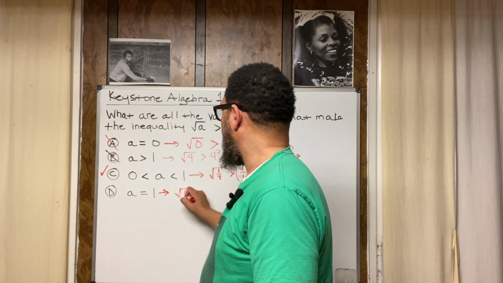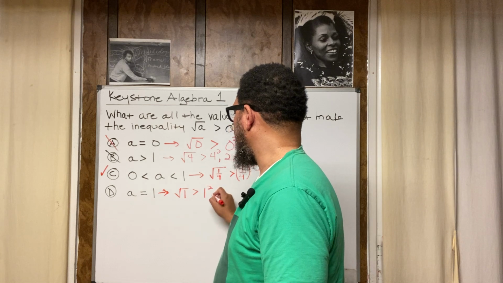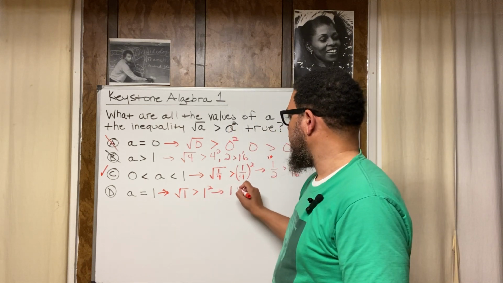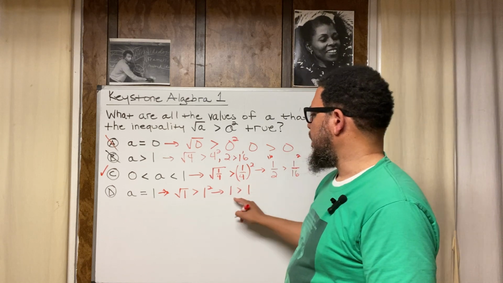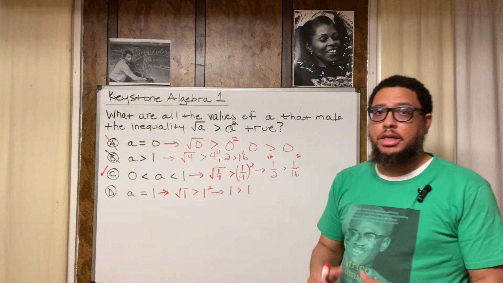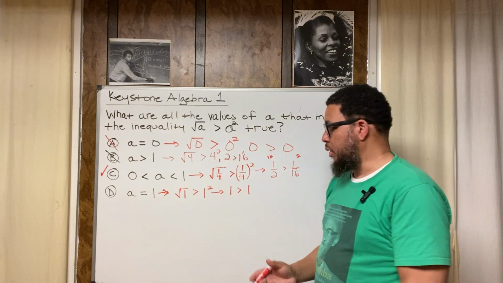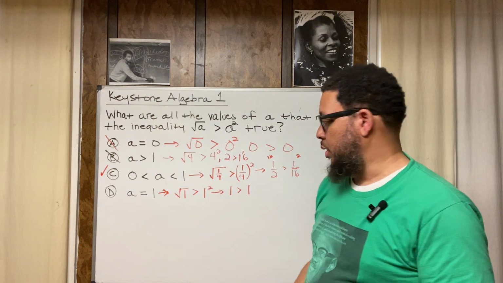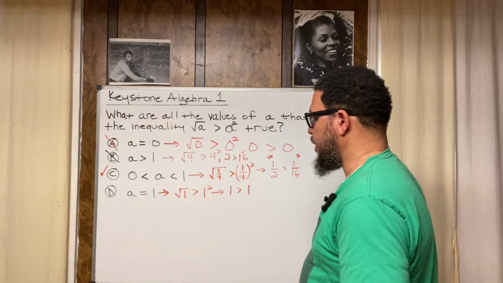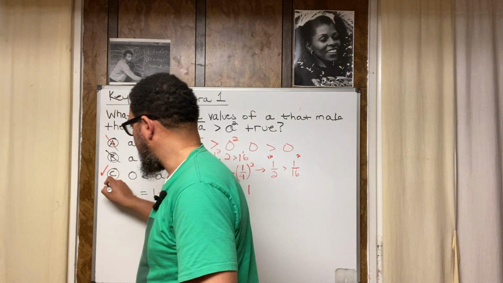Square root of 1 is greater than 1 squared. The square root of 1 is 1. 1 squared is 1. Is 1 greater than 1? No. 1 is equal to 1. They have the same value. So therefore, D is also incorrect.